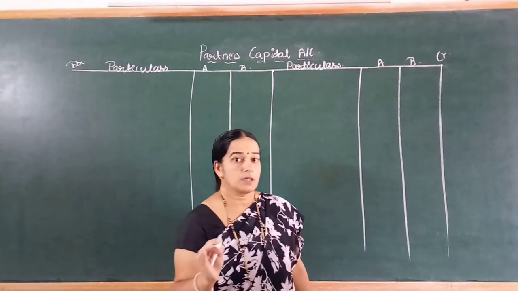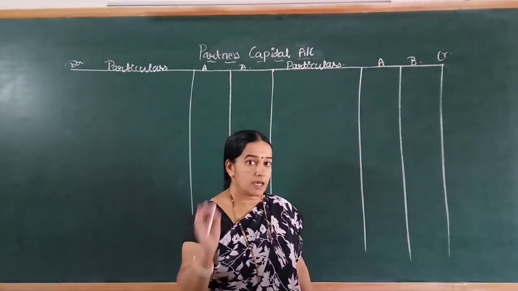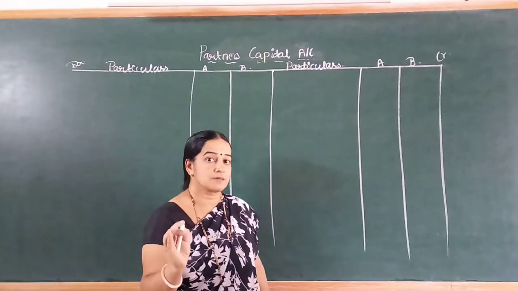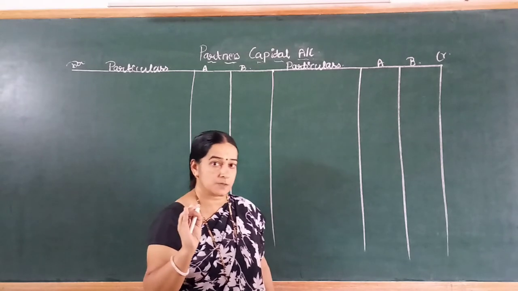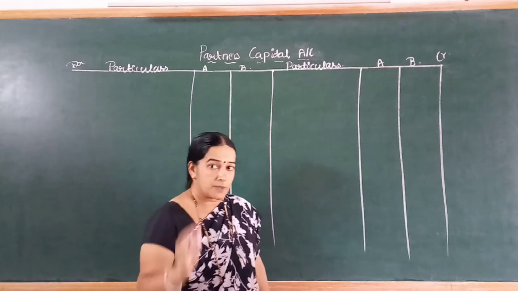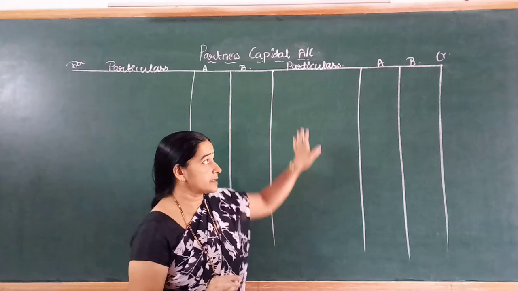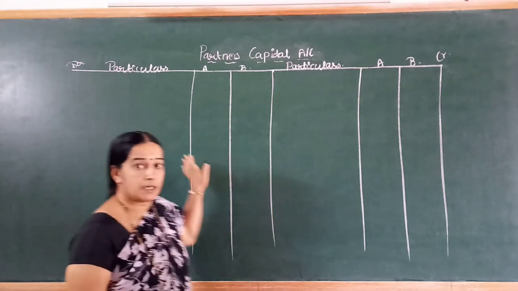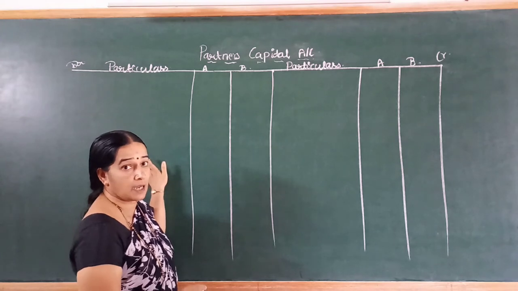Capital account is a liability. So liabilities always show which balance? That is the credit balance. In capital account, credit increases the capital and debit decreases the capital.